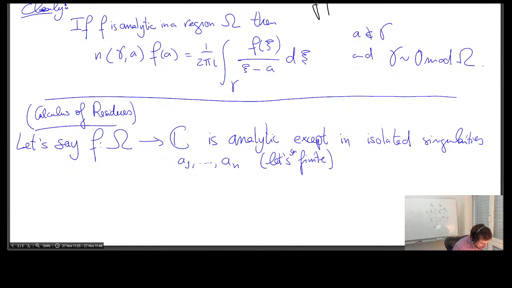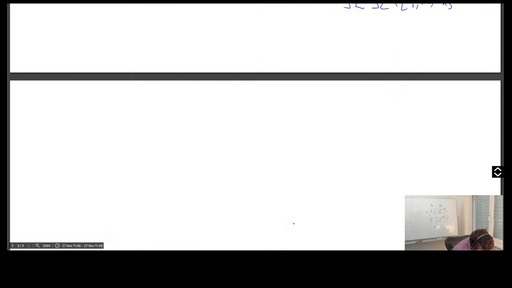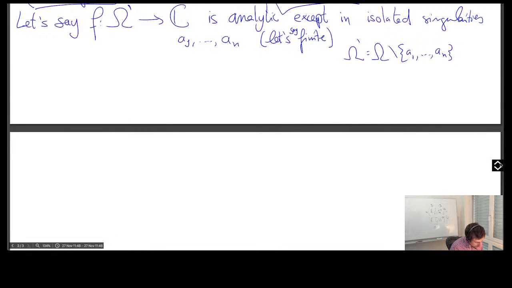So f is analytic in omega prime, where omega prime is omega take away the singularities. So we have such a function.